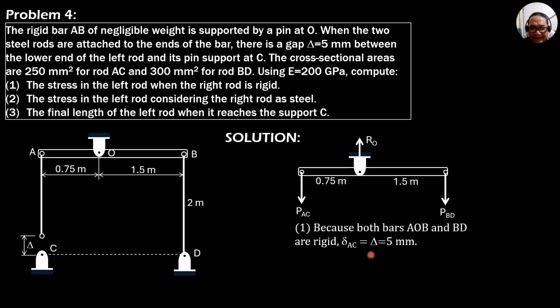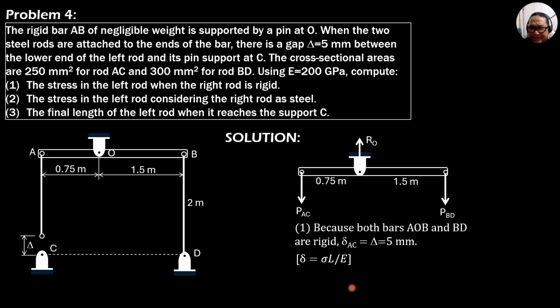And 5 mm is equal to stress in rod AC times length of rod AC, which is 2000 mm minus 5 mm, 1995, then divided by modulus of elasticity of rod AC, which is equal to 200 gigapascals or 200,000 megapascals in this problem.